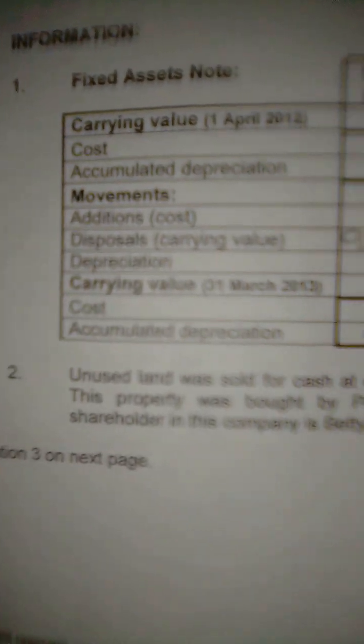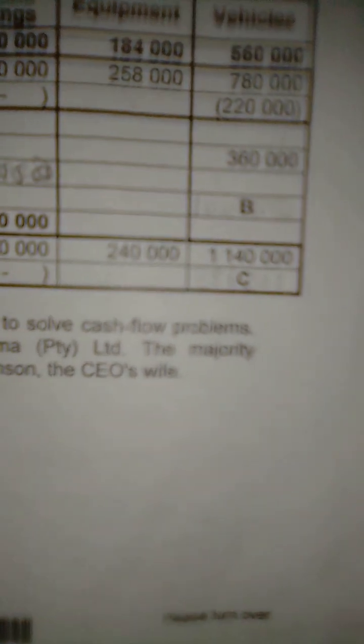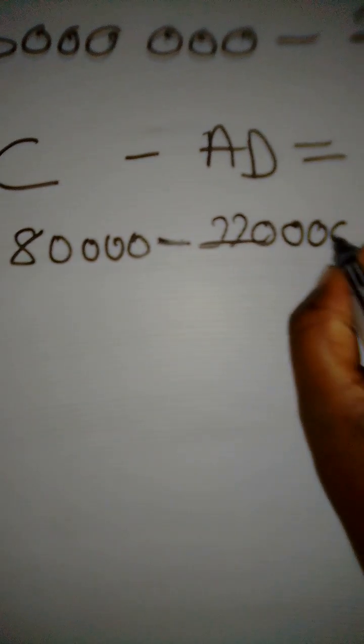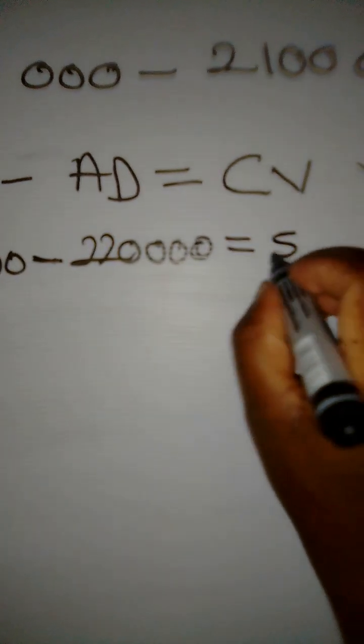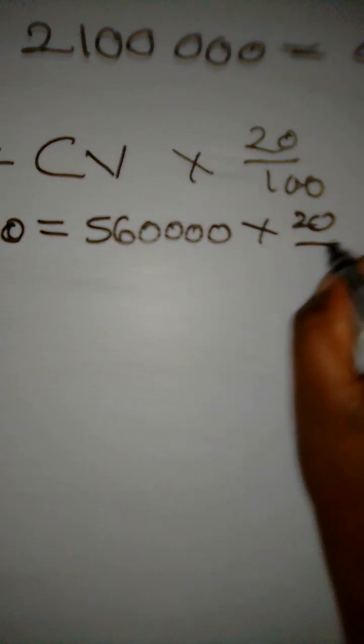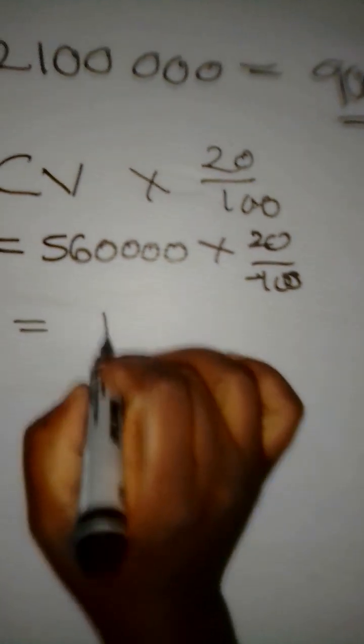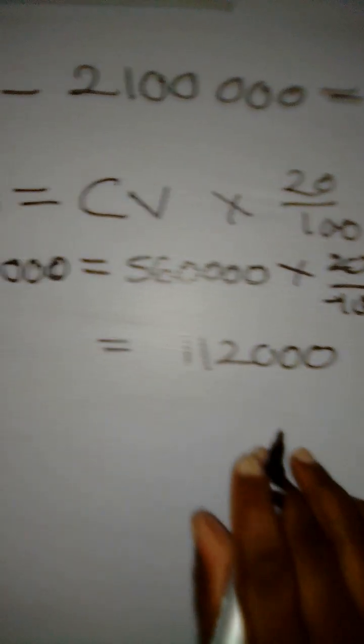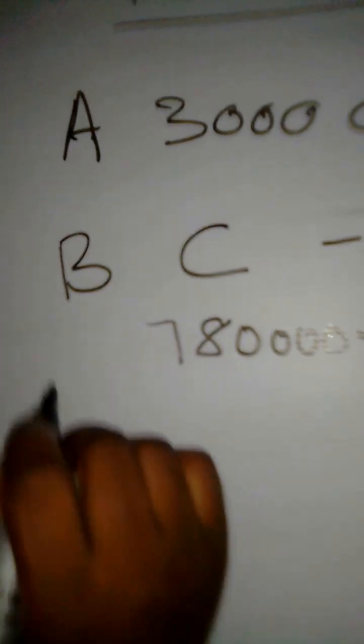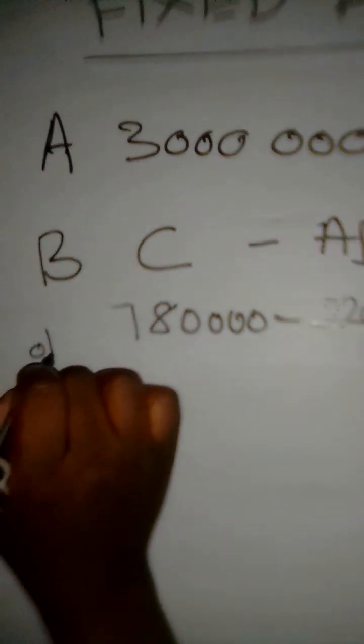The carrying value is given, but we'll show the calculation. 780,000 minus 220,000 is equal to 560,000, which is our carrying value. We multiply by 20%, which gives us 112,000.